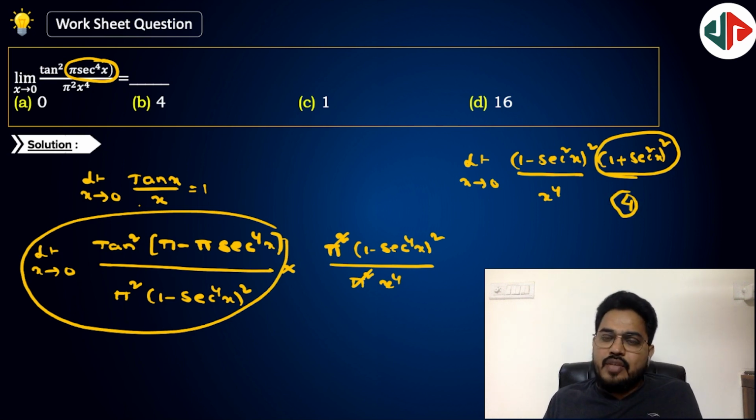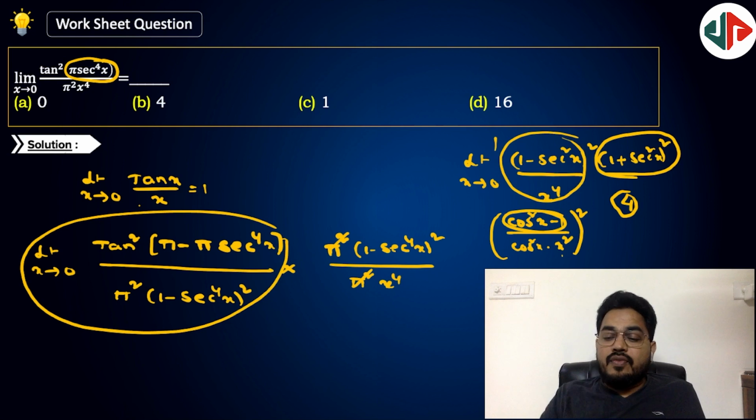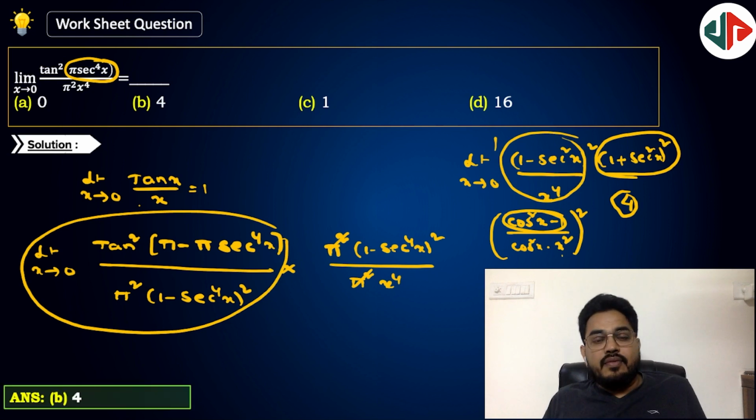And for 1 minus secant square x, you are going to get cos square x minus 1 by cos square x into x square whole square. As x tends to 0, this is sin square x by 1, so this entire thing is 1. So the final answer is 4 for this question.